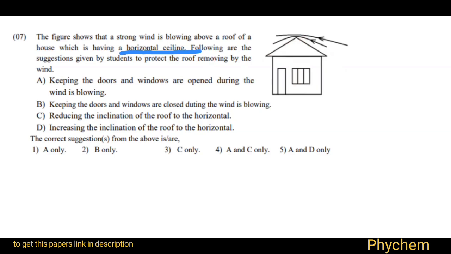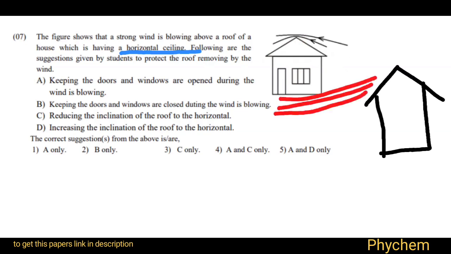Now you know that when there is a house having a usual roof with no ceiling, when you blow air on this kind of house, according to Bernoulli's theorem, the streamline density will be increased on the top of the roof. So at any point in a fluid where the velocity increases, definitely the pressure at that point should be reduced.